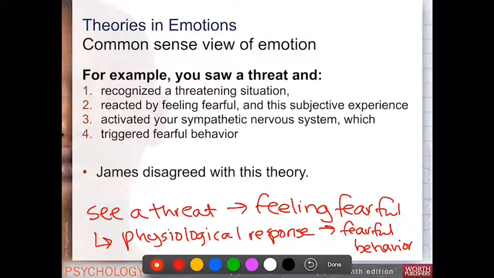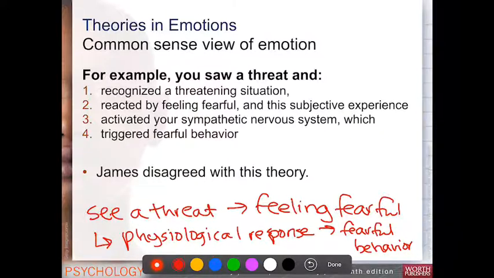All of these things are involved, but the argument is which one comes first and which one triggers what. So is it that you feel scared and that is going to trigger the physiological response? Is it the physiological response that allows us to realize we're scared?